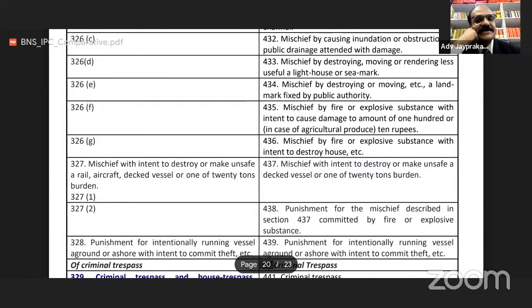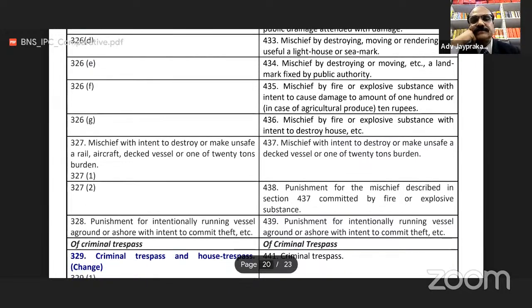Then BNS section 326F, mischief by fire or explosive substance with intent to cause damage to the amount of 100 rupees, or 10 rupees in case of agricultural products.